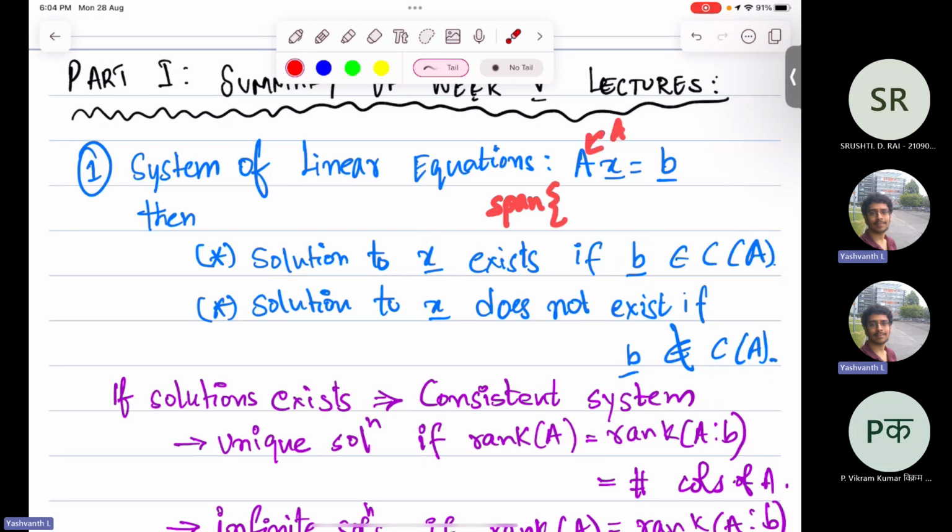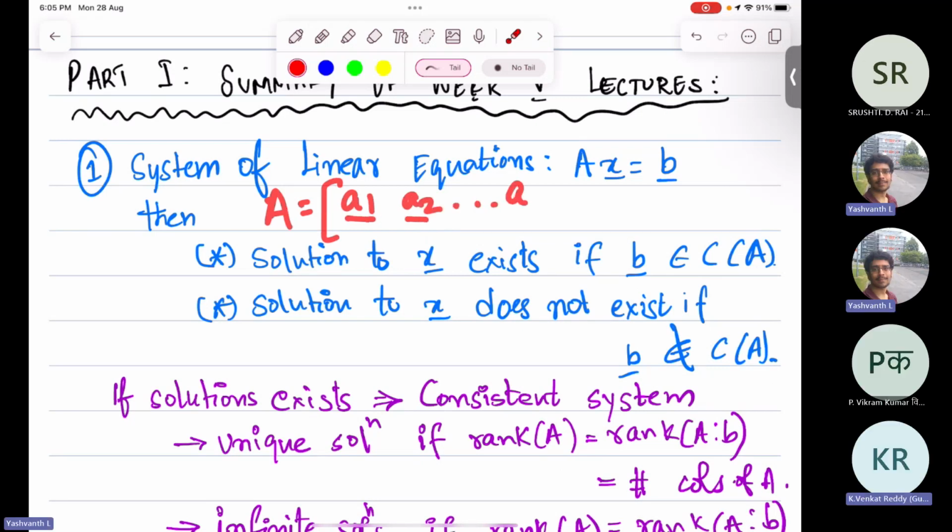That is, if A = [A1, A2, and so on till AN], then the column space of A is just the span of all the vectors A1 to AN, the subspace spanned by the column vectors of A. So the space spanned by these column vectors of the matrix A is called the column space of A.